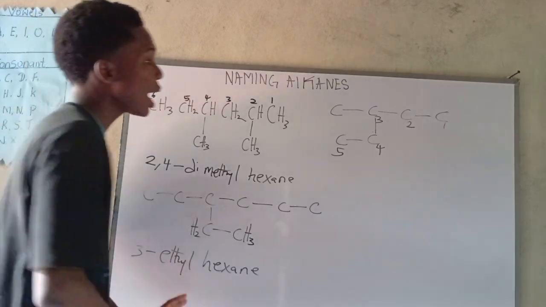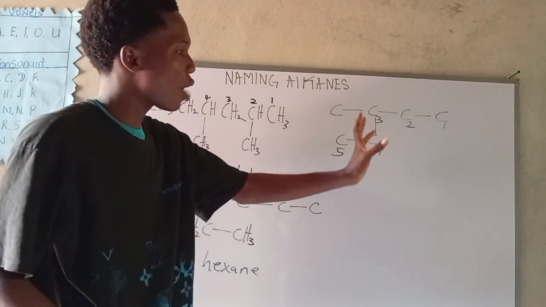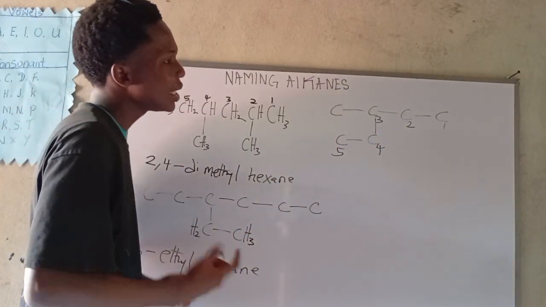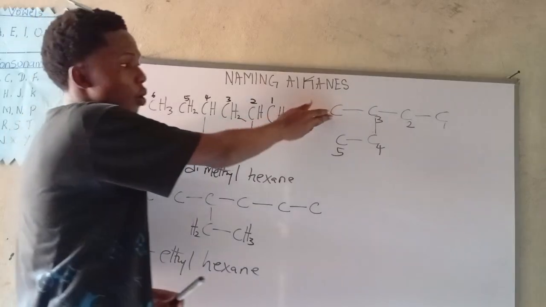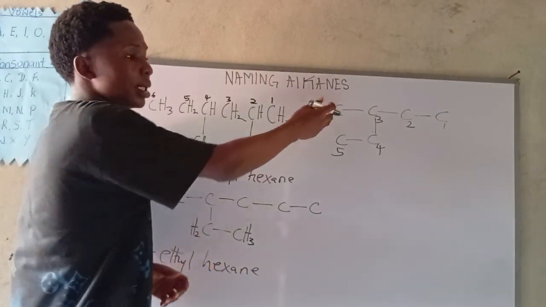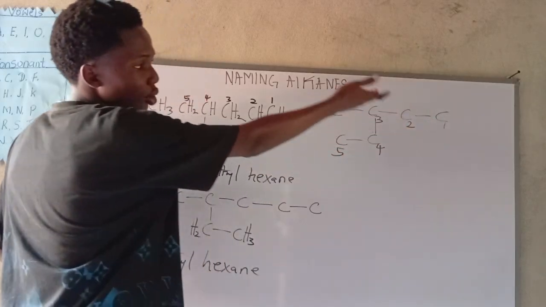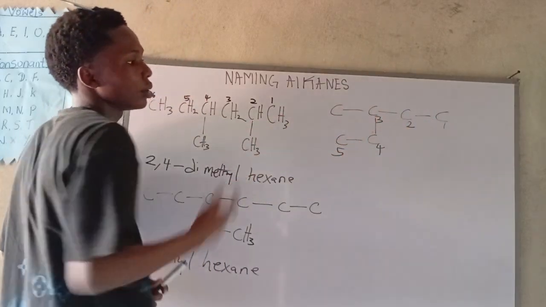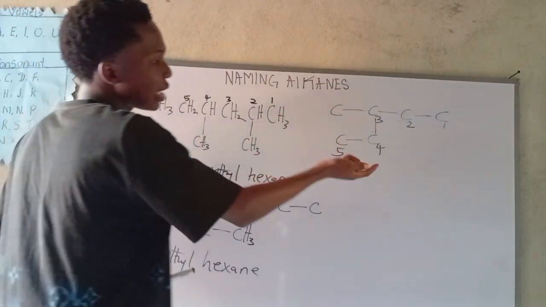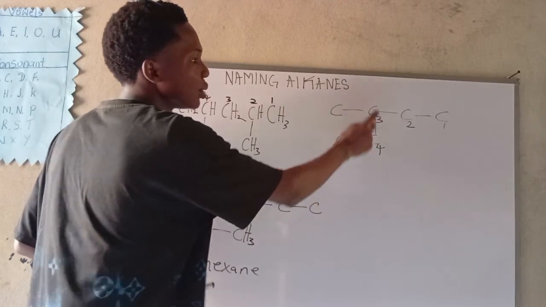You get it? So now we've gotten the longest carbon chain. The next thing, our substituent, is obviously ethyl. We now know the position of the ethyl here is the third carbon, right? Even if we count from here, 1, 2, 3, it's the same thing.